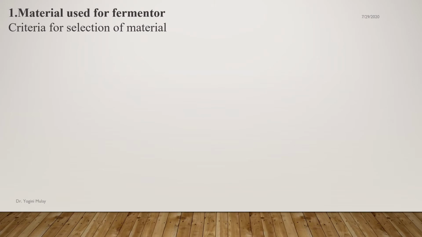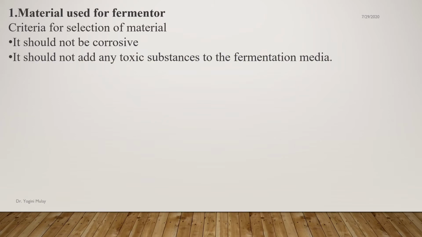Now let's see. First is the material used for the fermenter. Before we talk about this, we should focus on the criteria for selection of material. The material which we are going to select should not be corrosive and it should not add any toxic substances to the fermentation media. It should not have any adverse effect on the fermentation.